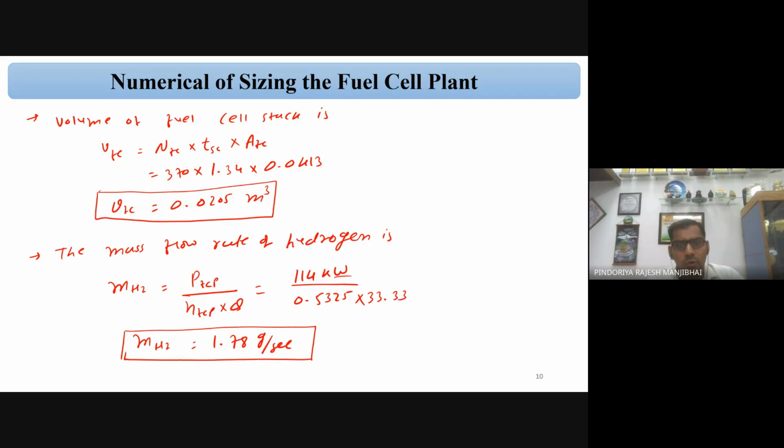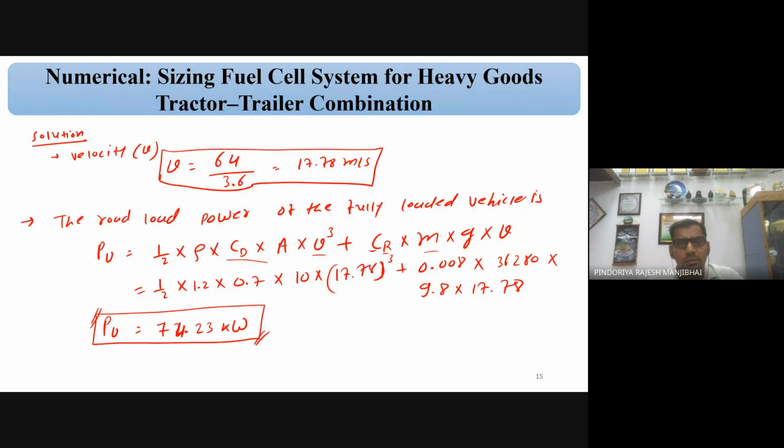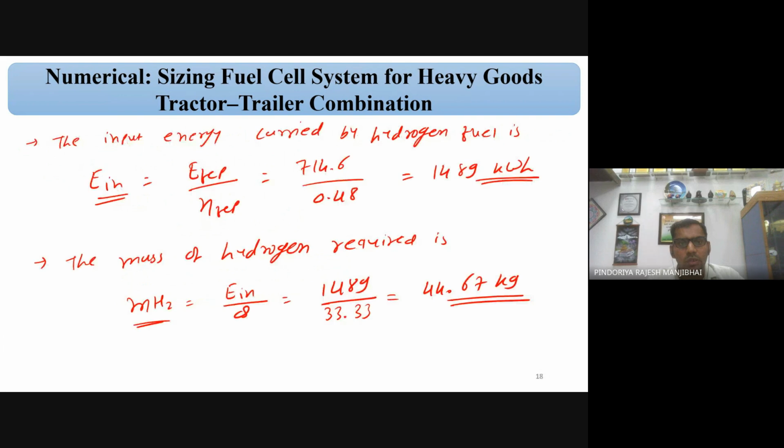Yes, there is a mass flow rate, correct? So that's also per second how much mass flow rate. In the previous example, yes, sir, this is the mass flow rate. So that's why we converted into gram per second. And here they are asking the mass of the hydrogen. Okay, so that's why it is kilogram.